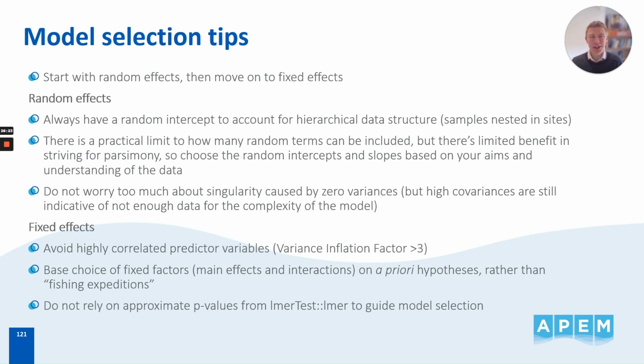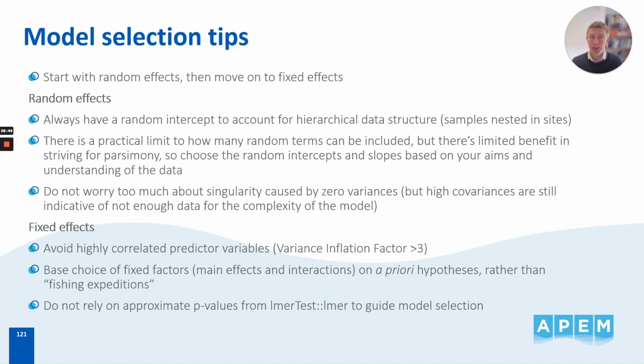If you put in 20 variables, then just by chance, at least one of those will show a statistically significant effect on the response, but that may be entirely spurious. And so to guard against those false positives, we should be much more selective about which fixed effects we choose to include in the model.